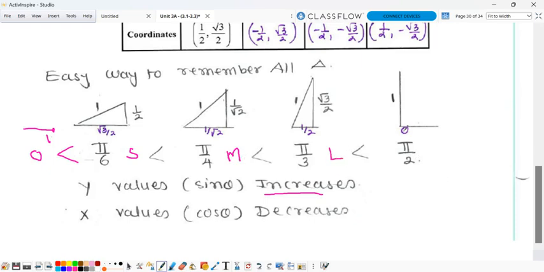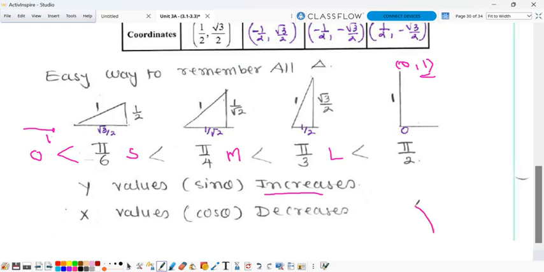Now pi over 2 is 90 degrees and the slope is undefined. The y value is the biggest because the coordinates are, remember, 0 and 1. So this is the largest y value, and this is the largest x value.